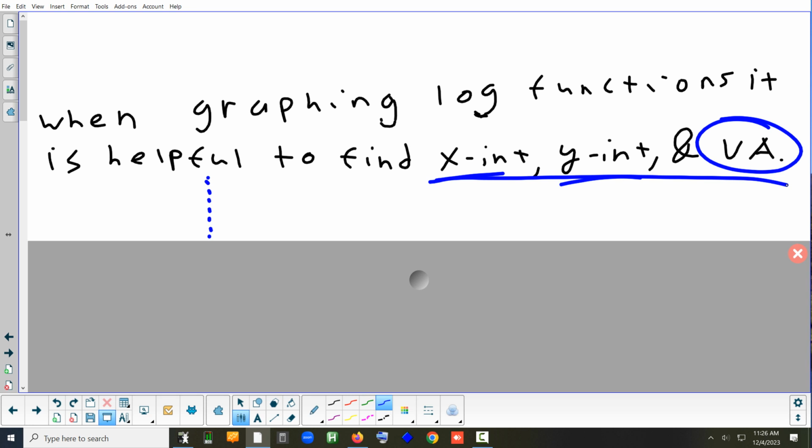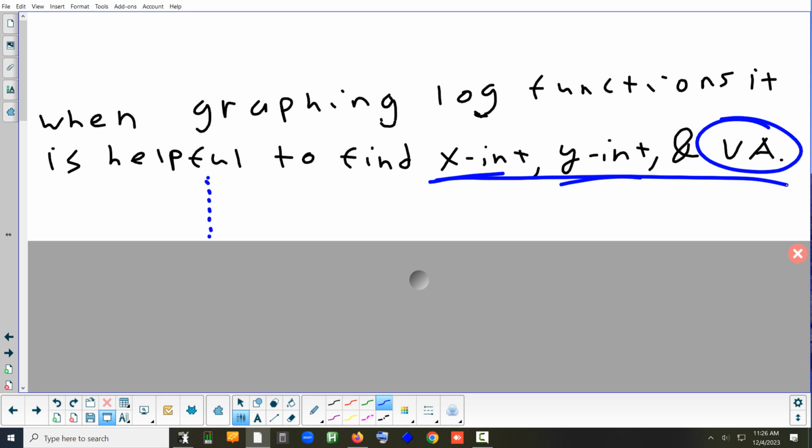So what does that mean is going to definitely happen? And for the other one, this is not guaranteed to happen. Yeah? It will be guaranteed to cross the x-axis somewhere. Every single log function will cross the x-axis because it goes up and down forever and it's continuous.